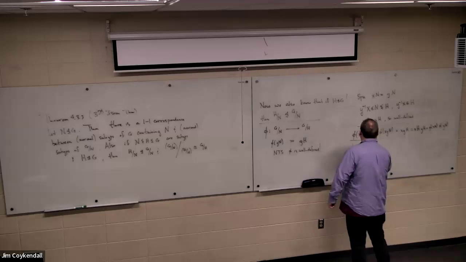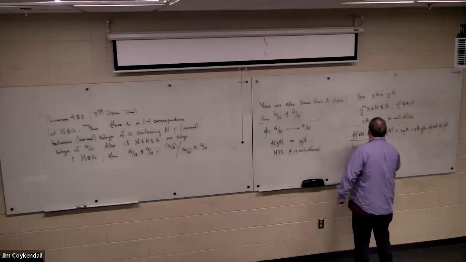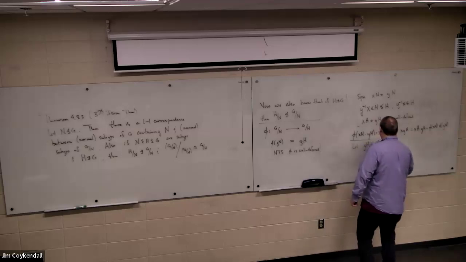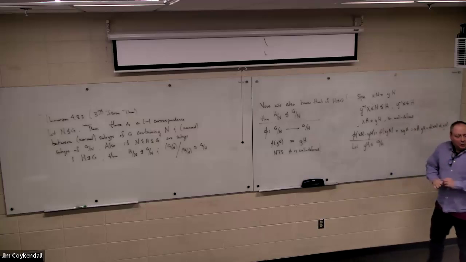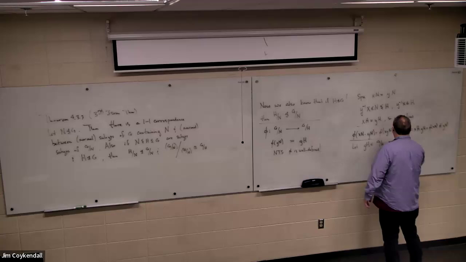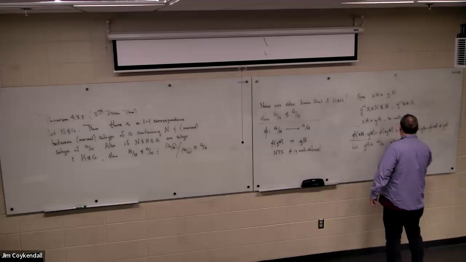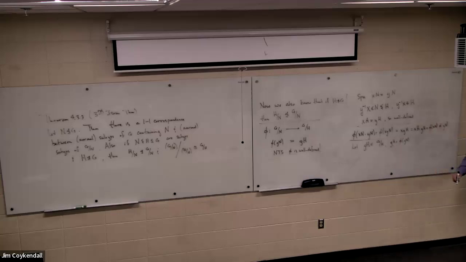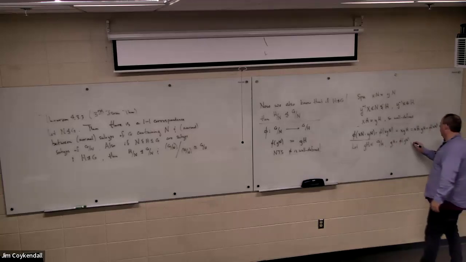Let gH be an element of G mod H. Well, certainly I can cover that: gH is phi of gN. Just take whatever that g is, and there you go. So this is onto.